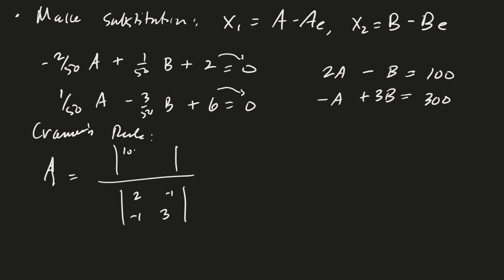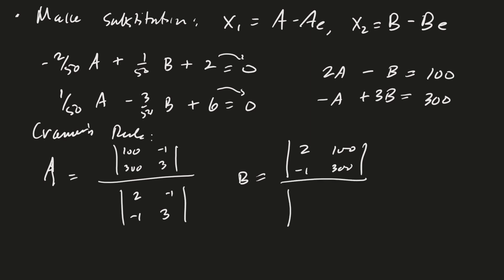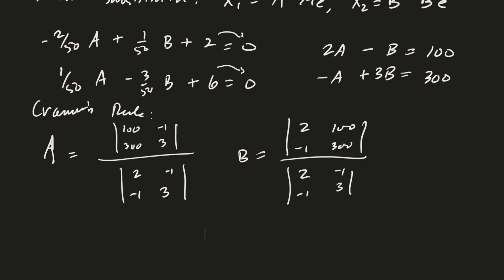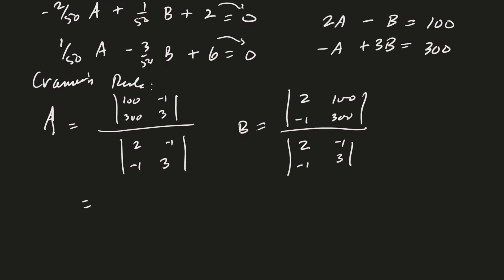And B is equal to the determinant with rows 2, 100 and minus 1, 300, over 2, minus 1, minus 1, 3. Okay, so if we compute those, I just happen to have them handy here. A is 120 and B is 140.